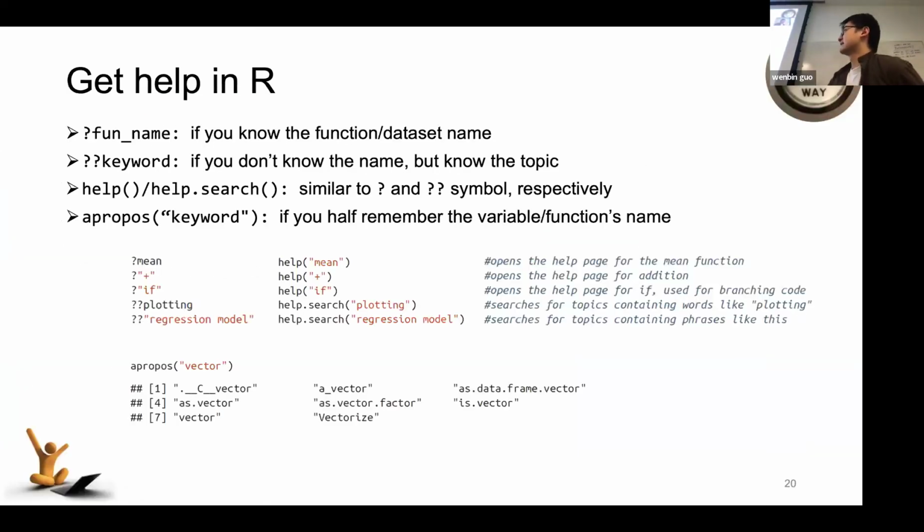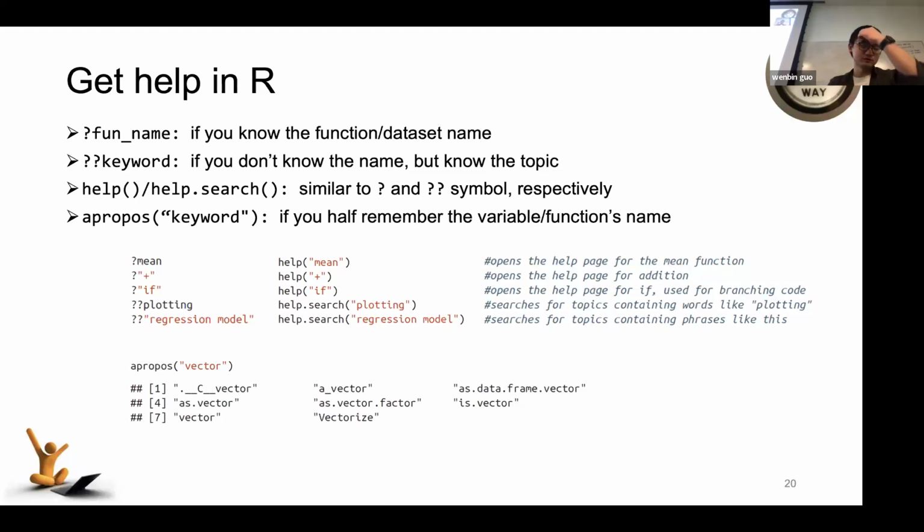Again, because we have so many commands and so many functions in R, we are not guaranteed to remember everything, especially with so many parameters and arguments within the functions. We don't really need to remember anything.